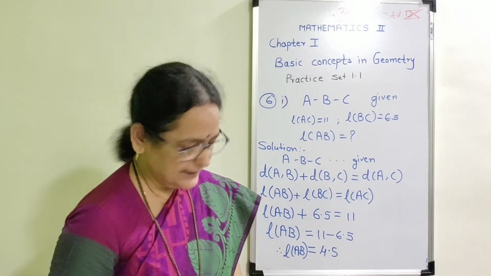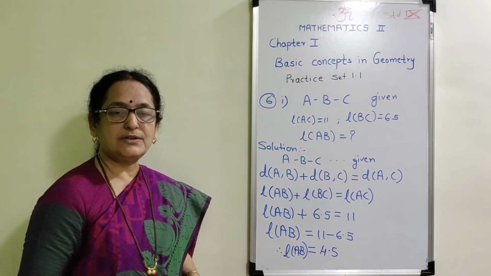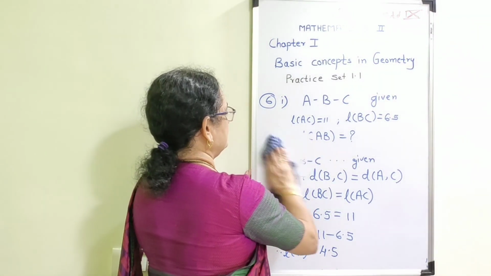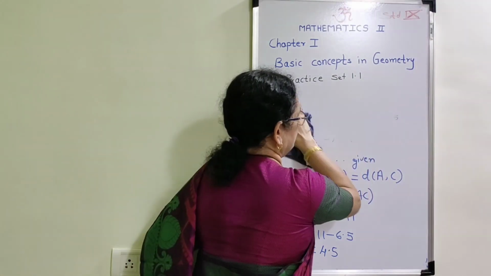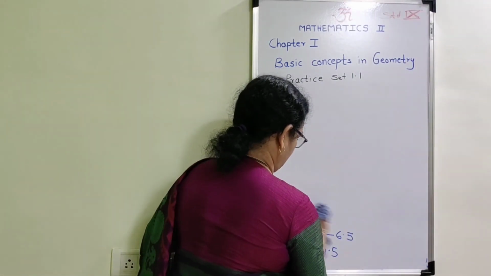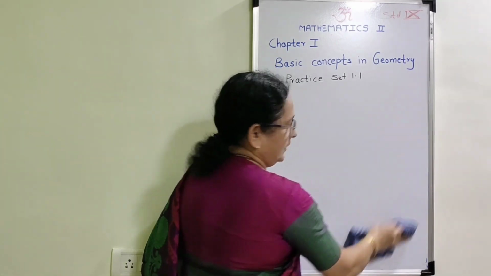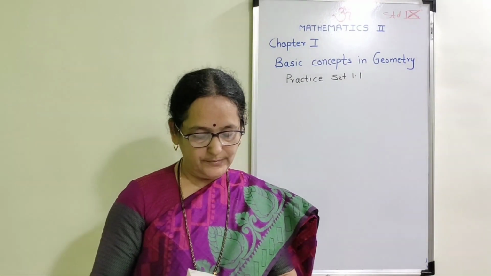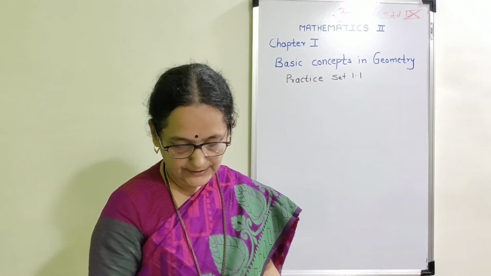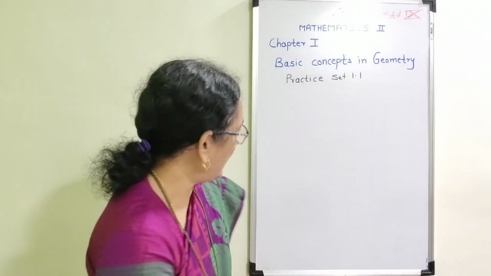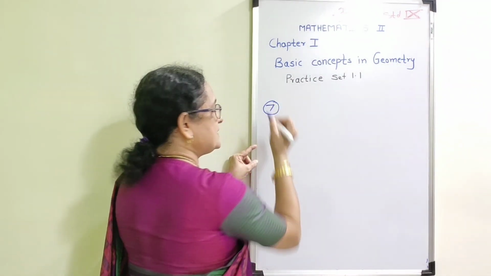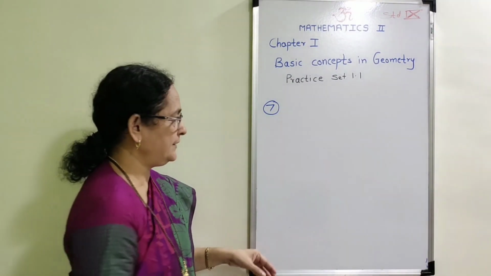Now I am going to take the last question, which is question number 7. I am going to read the question. Which figure is formed by three non-collinear points? Now I am going to draw the figure on the blackboard. Consider three non-collinear points.